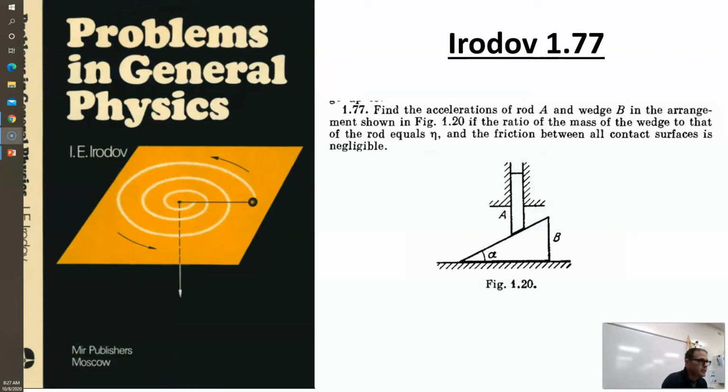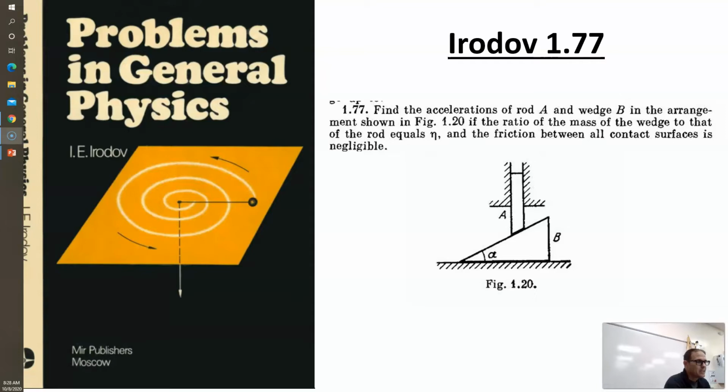Find the acceleration of rod A and wedge B in the arrangement shown below. The ratio of the masses is given as phi, or whatever Greek letter that is, and the friction between all contact surfaces is negligible. As you can see, rod A is constrained to move only downward.